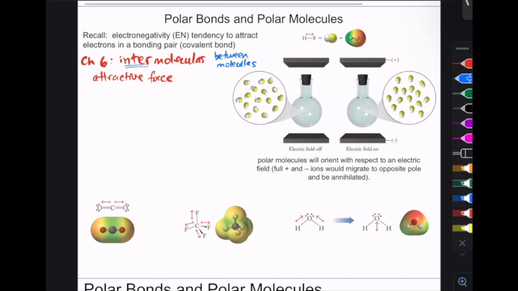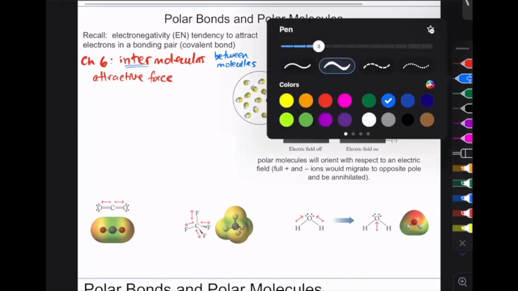But later on, if you take Gen Chem 2, you're going to be learning more. We're not actually going to do chapter 6. We're skipping chapter 6 after this and going into chapter 7 next. But for those of you who are continuing on to Gen Chem 2, I'm going to give you a taste of that now, because one of them is the interaction between polar molecules. This whole business about dipole moments that we've been talking about. So we're going to have a discussion now on polar versus nonpolar.